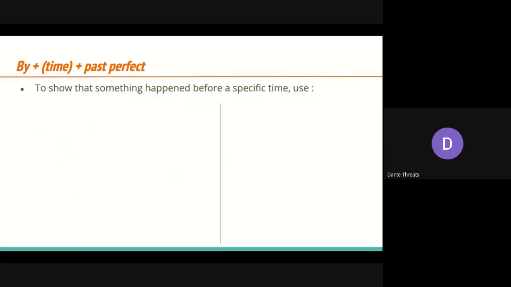Okay, to show that something happened before a specific time, we use by plus time plus past perfect. Okay? To show that something happened before a specific time, we use by plus whatever the time is plus the past perfect.